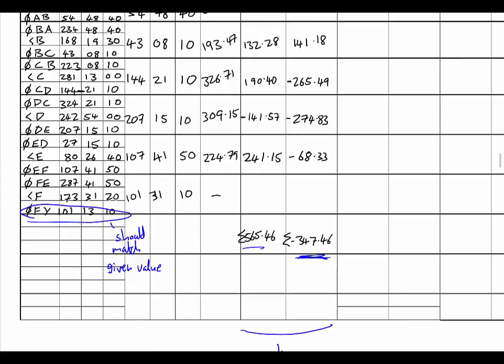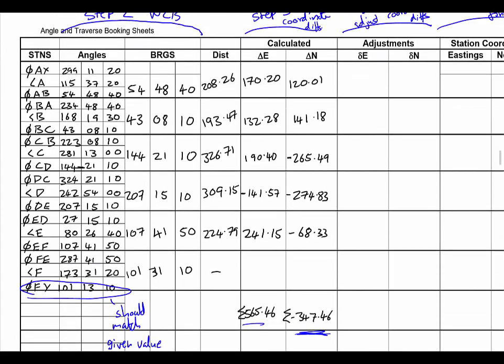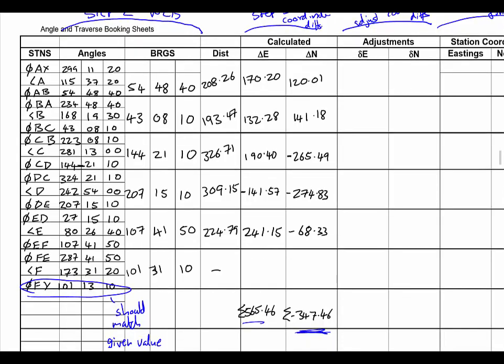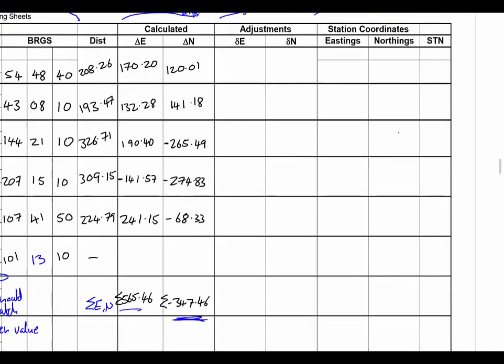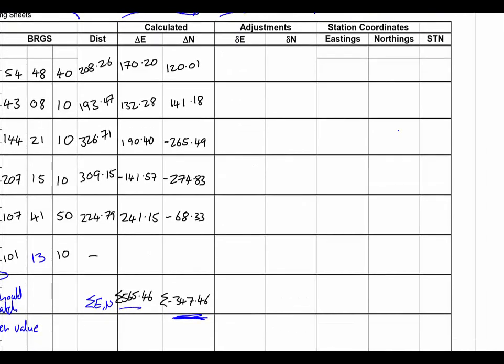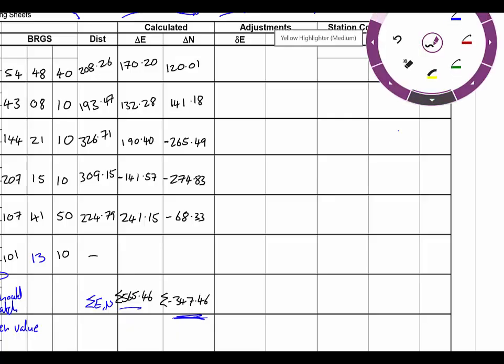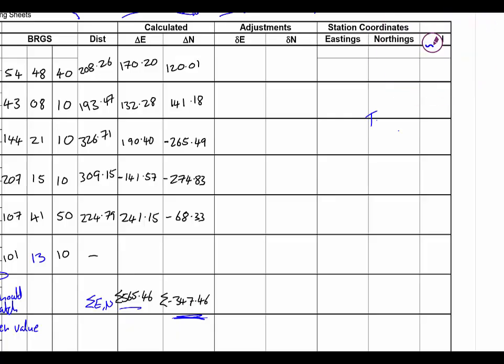Okay, let's go back up to the booking sheet. I've also just noticed that this should be 13, not 31, so let me change this down here first of all. For the adjustments for step 5, we're going to use the transit method.